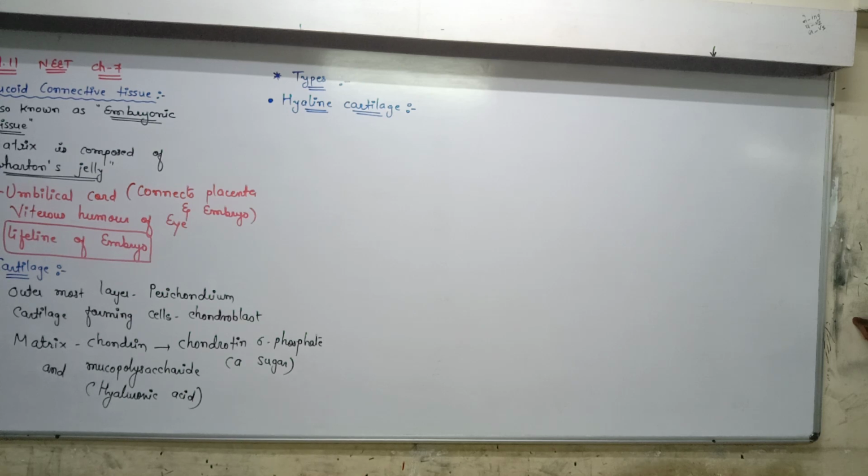So the cartilaginous rings look like this. Dorsal, you know, towards the vertebral column, back side. So back side cartilages are incomplete there.